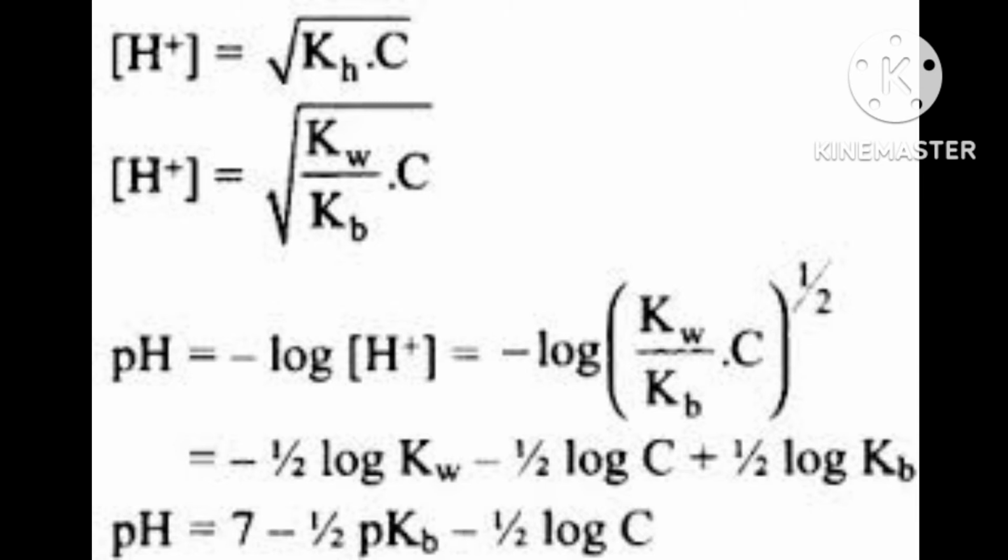Buffer solutions may be of different types, with different pH values. Here, a buffer of known pH can be prepared from the knowledge of the pKa of the acid or the pKb of the base. That is the first requirement.